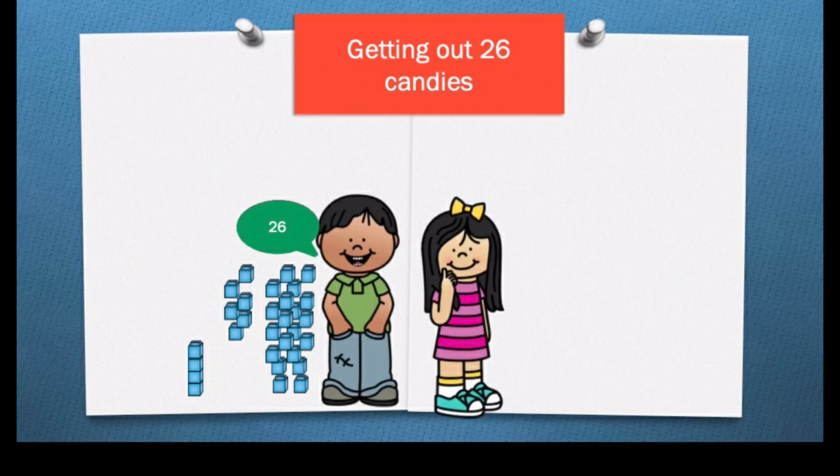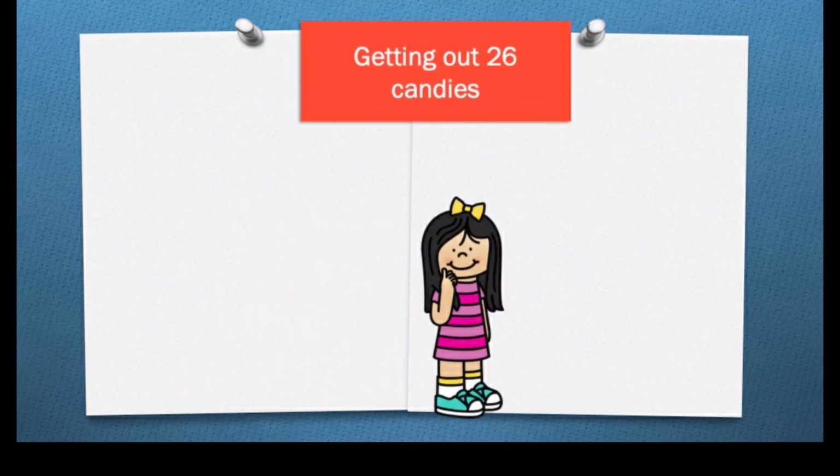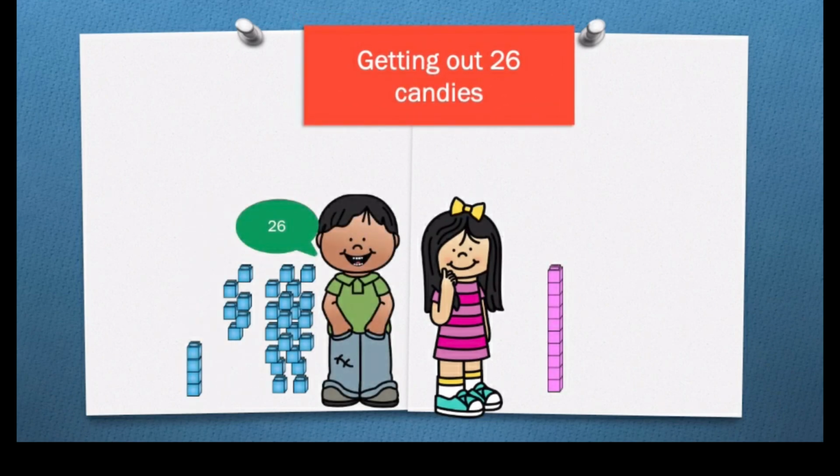Sam now has a pile of 26 individual cubes. He has 26 candies, but they are all individual pieces. He has 26 ones.